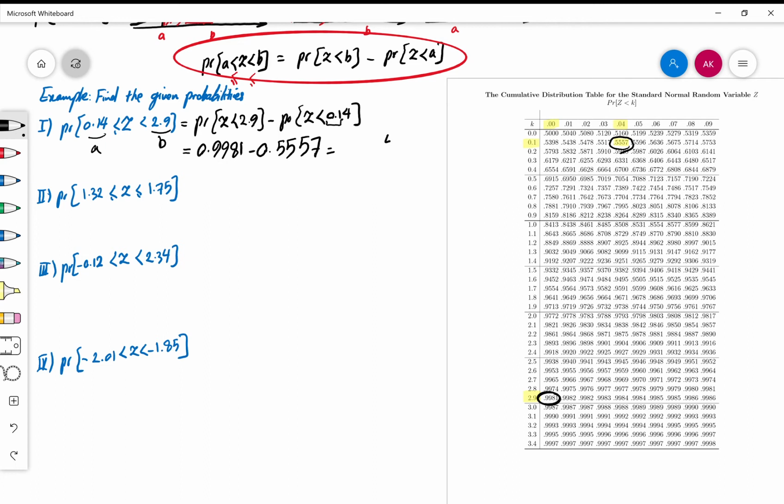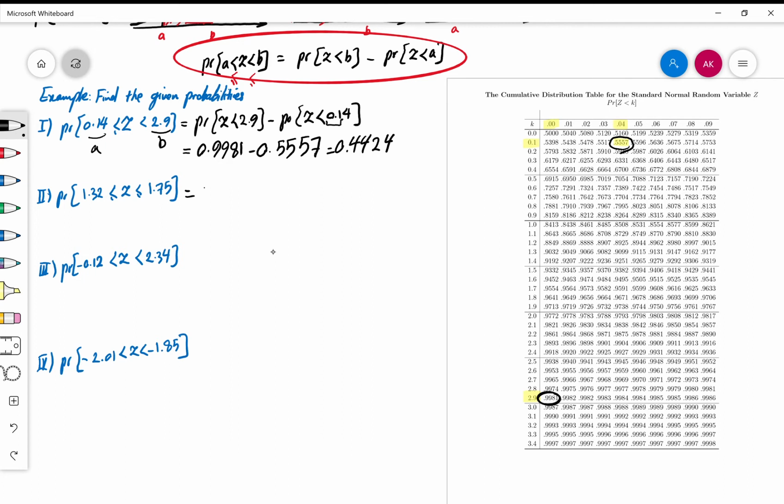This will give me 4, then 5, 2, then 5 from 9 is 4, and that's the number. So the probability of Z being between 0.14 and 2.9 is 0.4424.